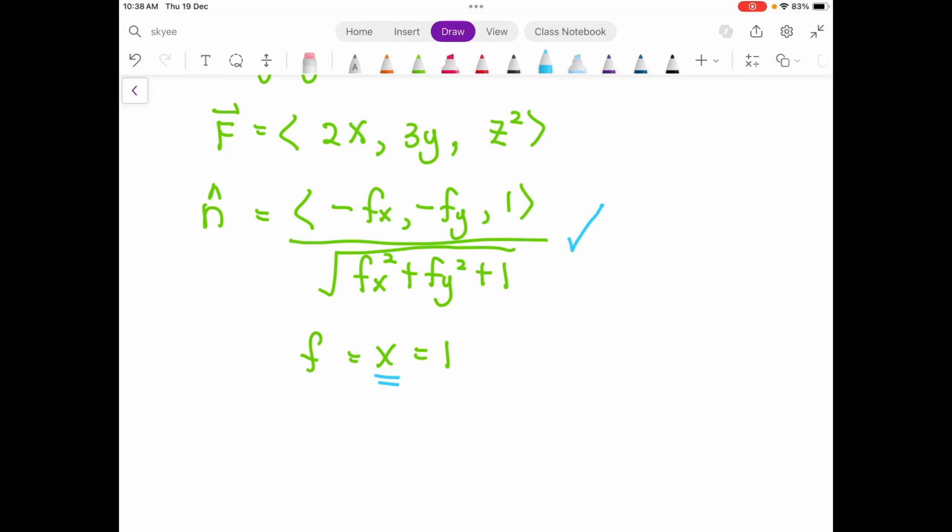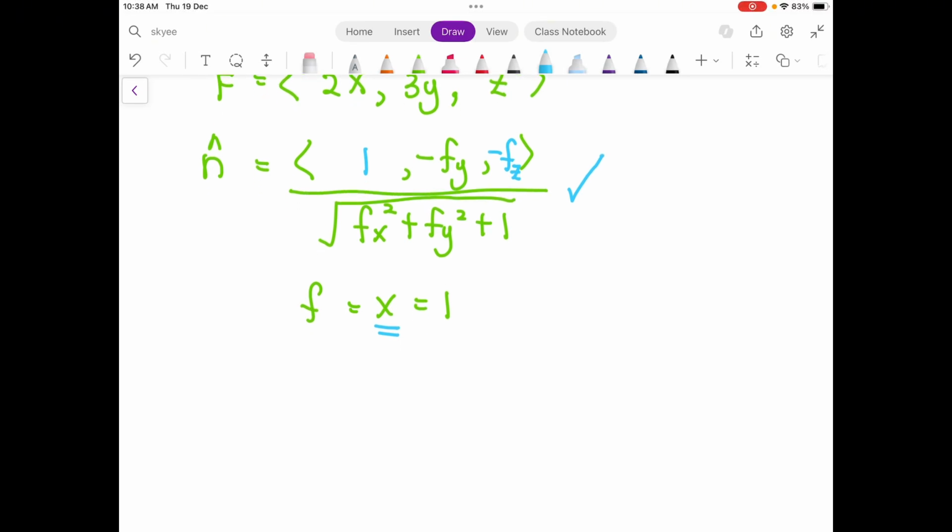Because it is x, this part will be replaced with positive 1, and then this part is going to be minus f with respect to z.